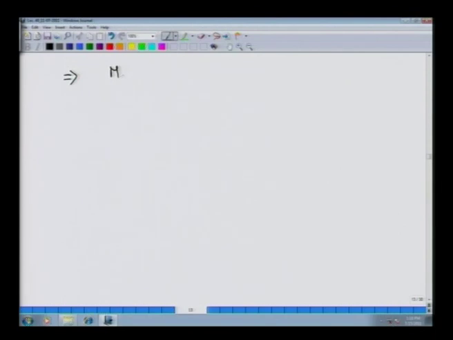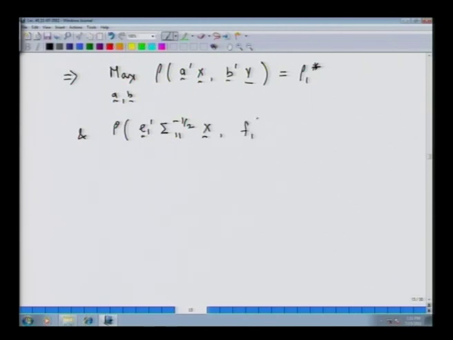So, this will imply that the maximum correlation between A prime x and B prime y, maximum over all possible A and B vectors, is equal to rho 1 star, and the correlation coefficient between the two variables, which are E 1 prime sigma 11 to the power minus half x and F 1 prime sigma 22 to the power minus half y.